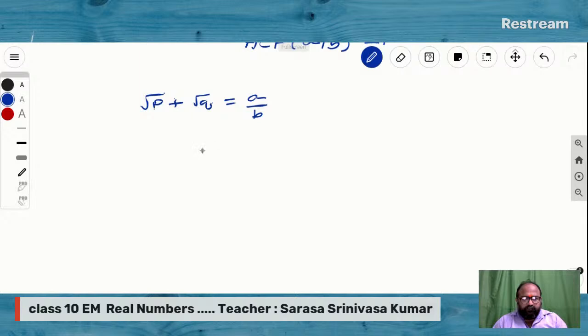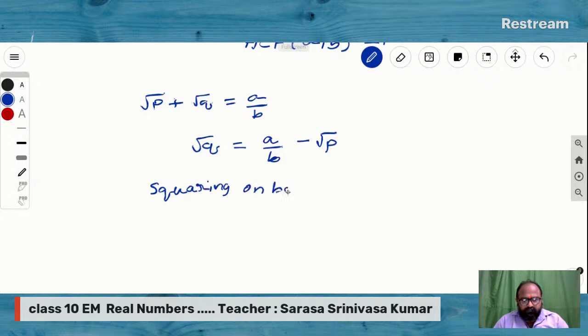So now we can write square root of q equal to a by b minus square root of p. Squaring on both sides.